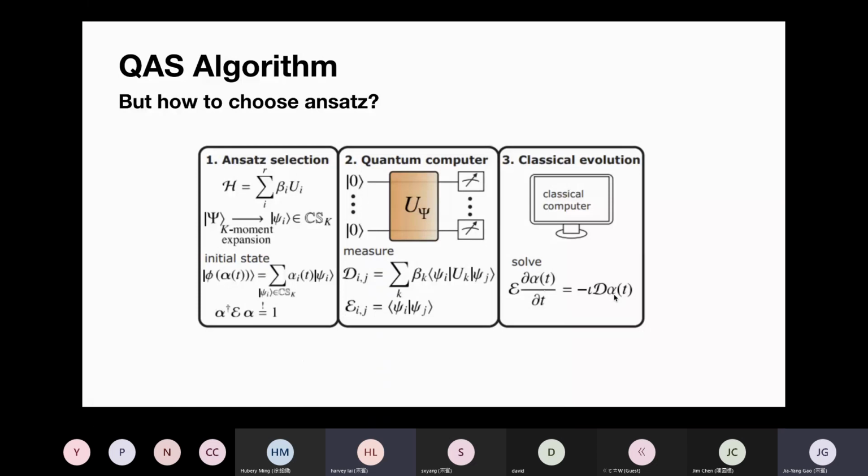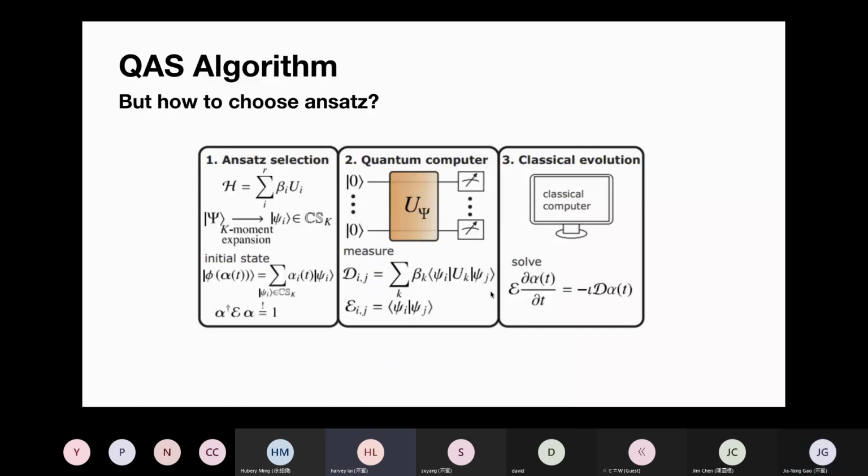Yes. Oh, it's a very interesting question. I need to think about it because I'm not very sure. But I think maybe it's a worst case because you choose a bad ansatz. Does that make sense?